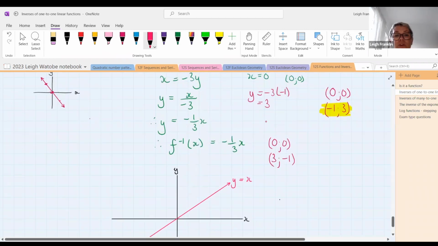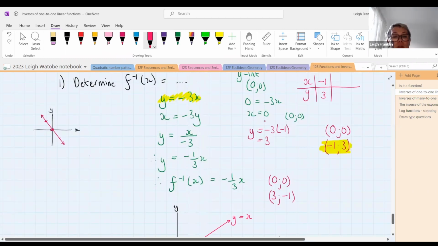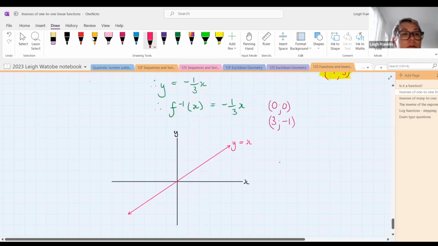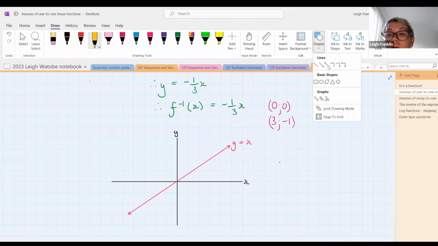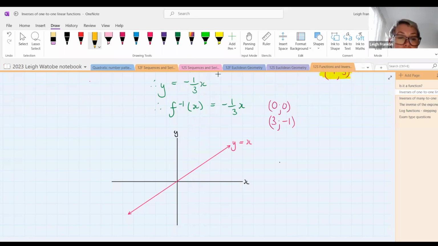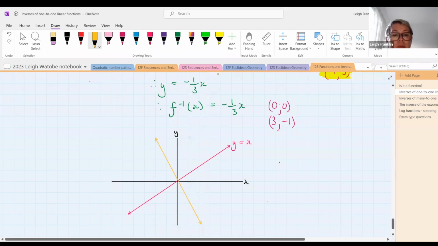Let's draw the original function first, so the line y equals -3x. Hopefully everybody can see this. I know that it has to have a very steep gradient, because the gradient is -3. So I could make my line look like that.